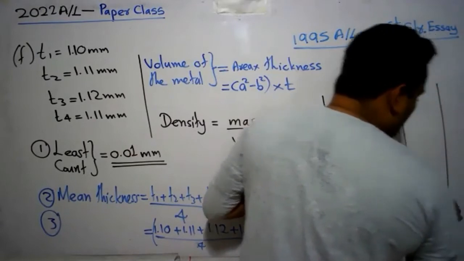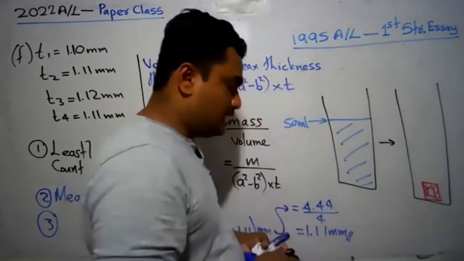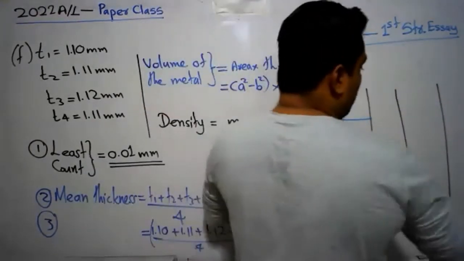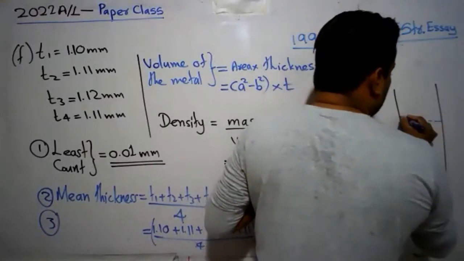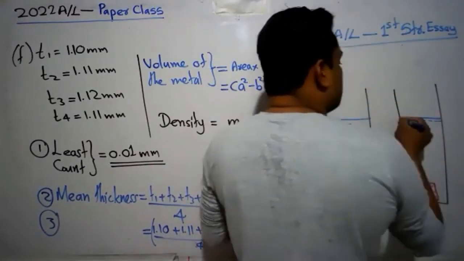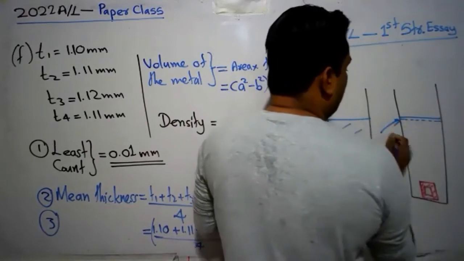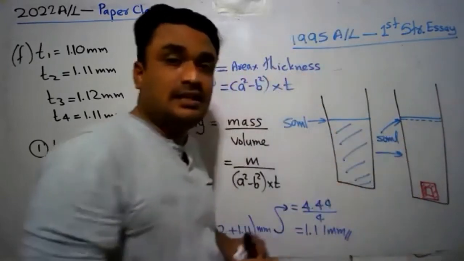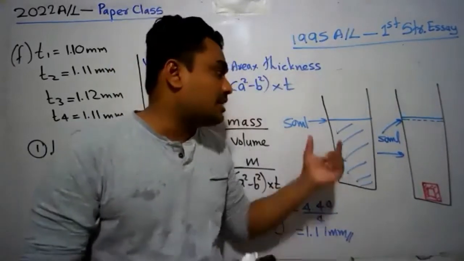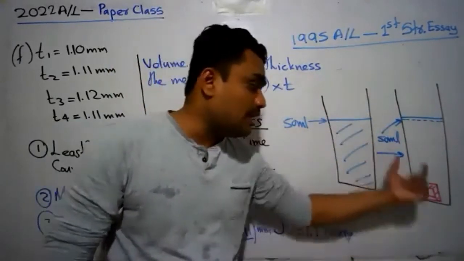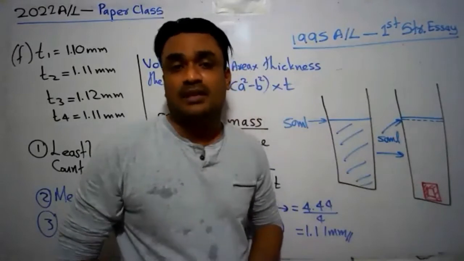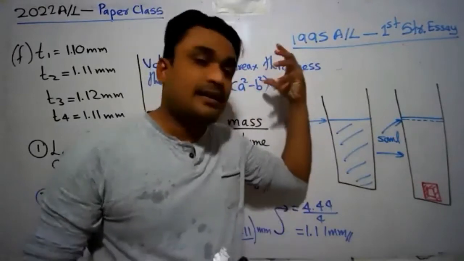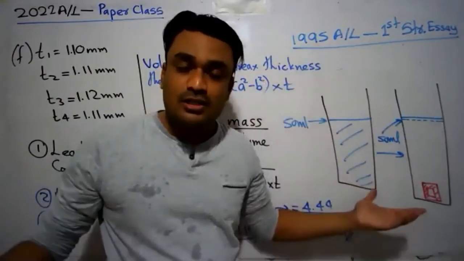The volume of this metal sheet is very small. Therefore, most of the time, the water level will be just slightly above the 50 millimeter line. You will not see a huge rise in volume due to the very low volume of the metal sheet, so you will get the volume of the metal sheet as almost zero.